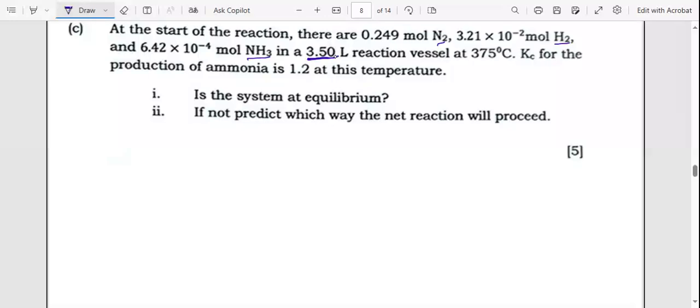They were put in a 3.50 liter reaction vessel at a temperature of 375 degrees Celsius. Kc for the production of ammonia is given, so we have the Kc value at this temperature. So is this system at equilibrium? If so, let us calculate Kc.